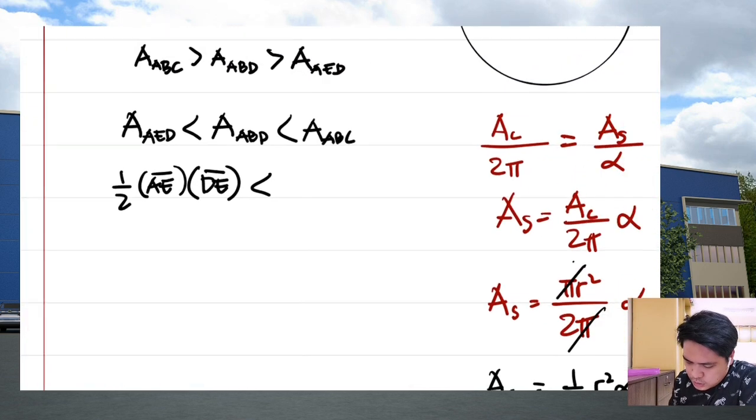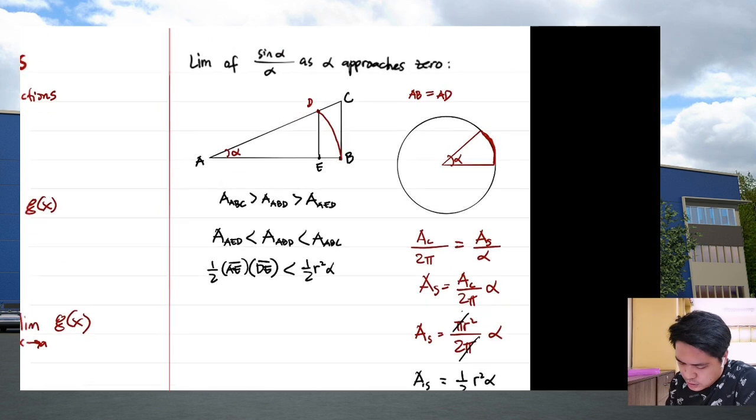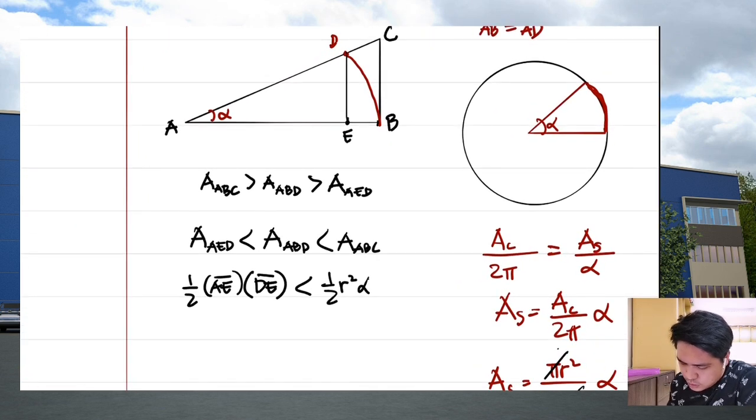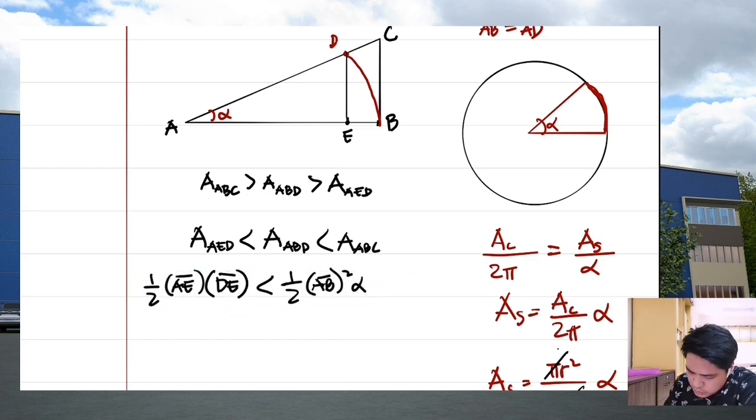Okay, so therefore we have 1/2 r squared alpha. Then ang r natin dito is actually this AB, di ba? So I'll change this r to AB. I'll square that times alpha. Now, that is less than the area of this triangle. This is just 1/2 times AE.